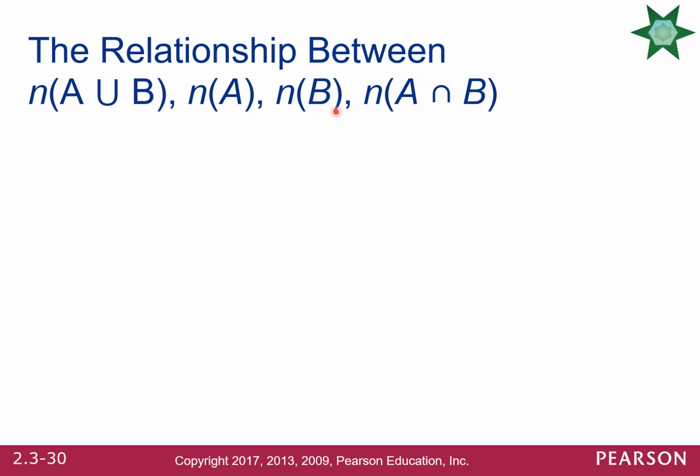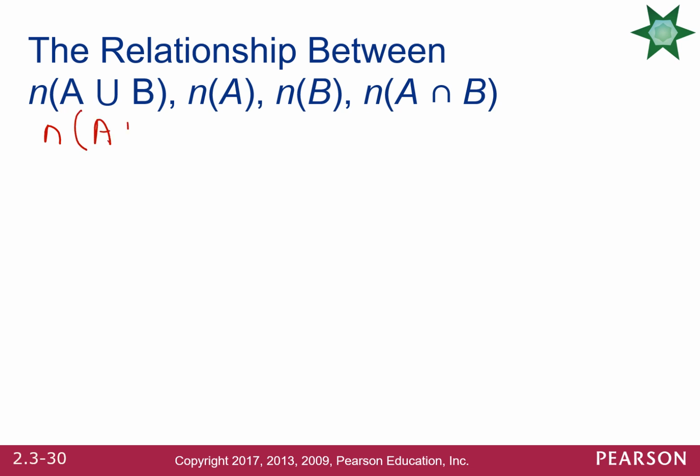We included them only once. So when we want to determine the number of elements in the union of sets A and B, it's going to look like this.